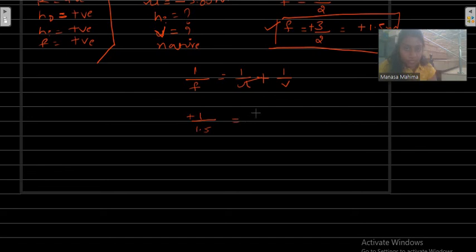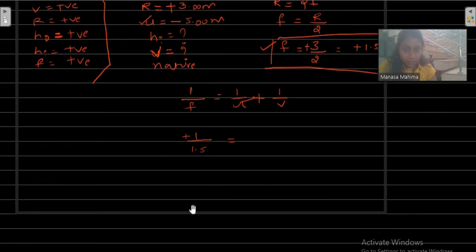U is minus 5, so minus 1 by 5 plus 1 by V, right? So we have to solve for 1 by V. If you move this towards left side, what will be? 1 by 1.5 plus 1 by 5.